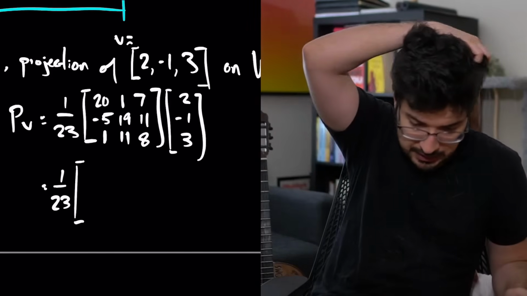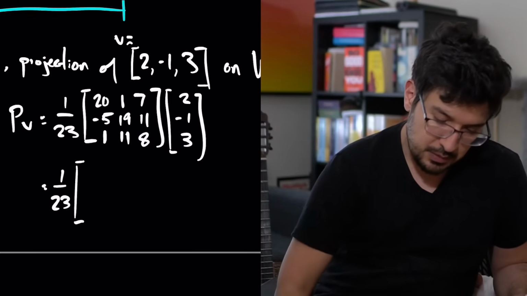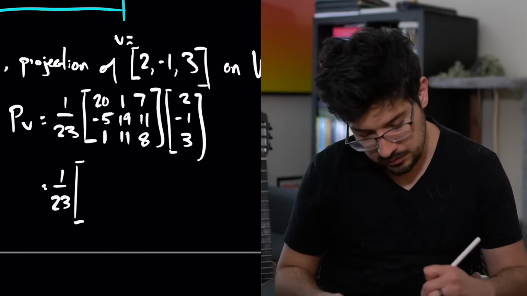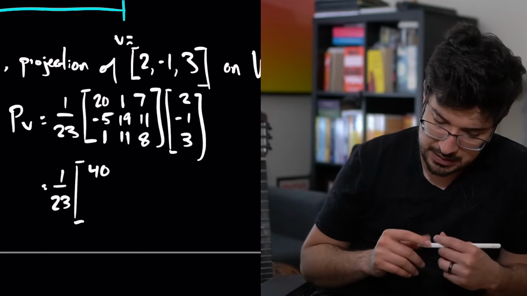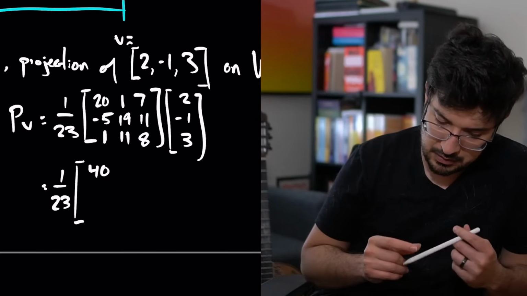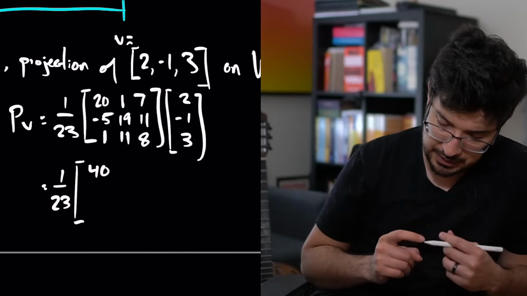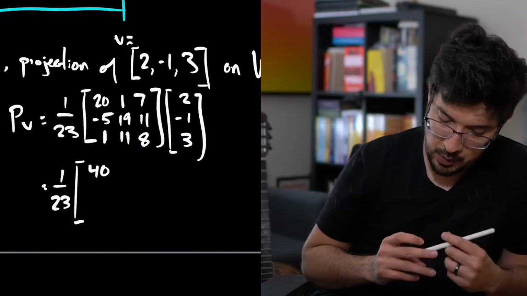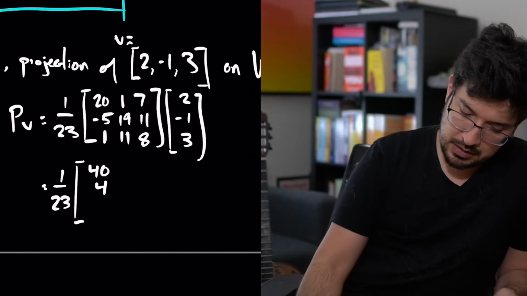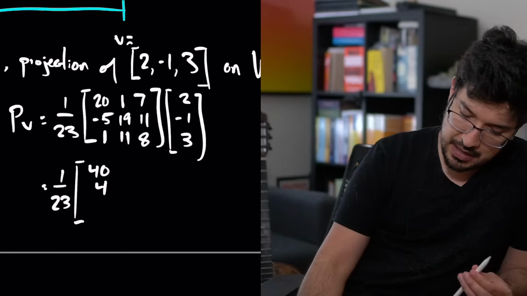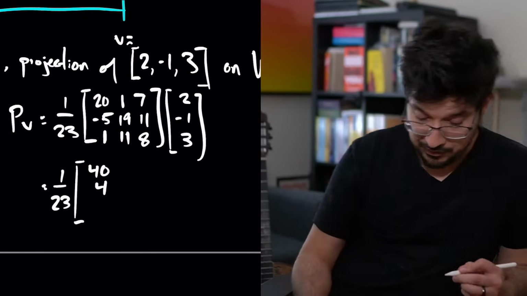2019 plus 21 is 40. -10, -29. -29 plus 33 is 4. 2, -9. 24 minus 9 is 15.